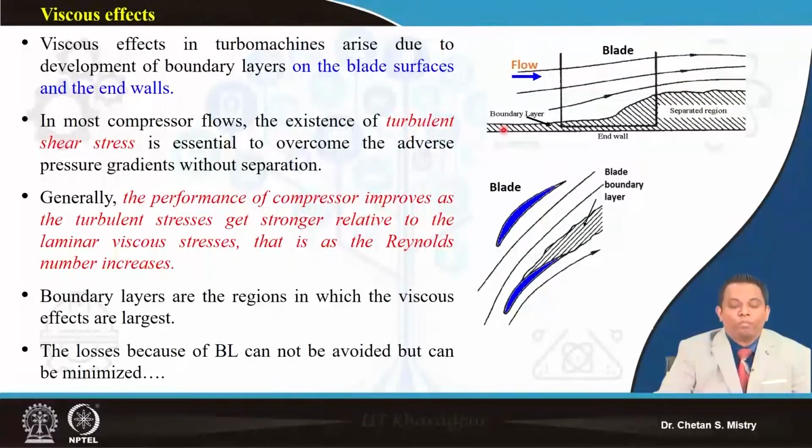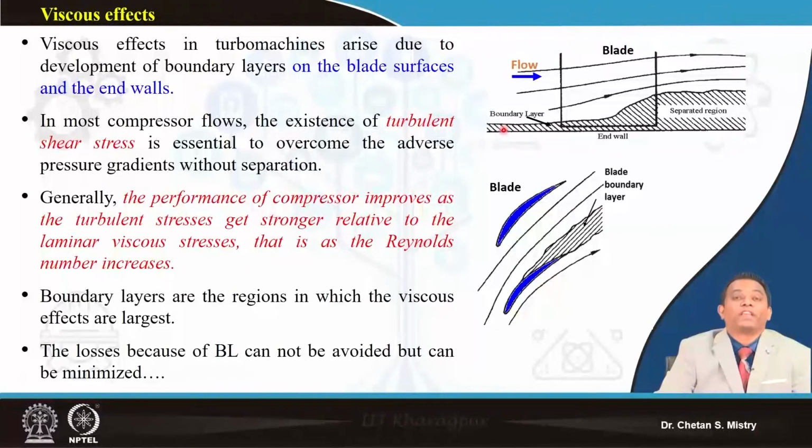Okay. Most of the compressor flow is turbulent shear stress, and that helps my flow adhere to the blade surface even under adverse pressure gradient. So the main dominating flow is turbulent shear stress. Laminar viscous effect is not dominating.